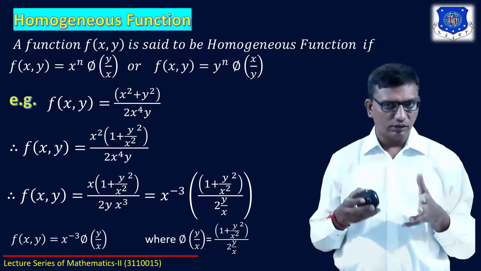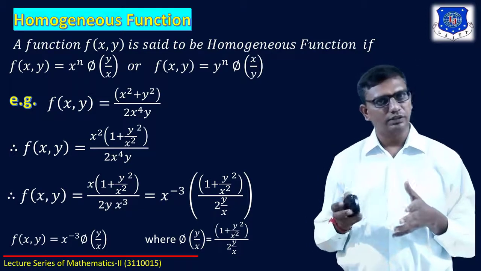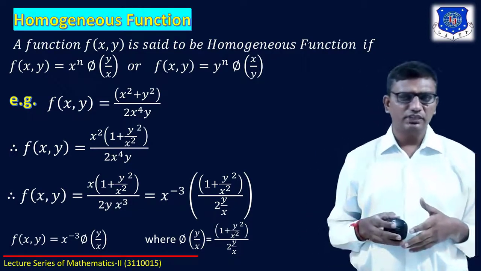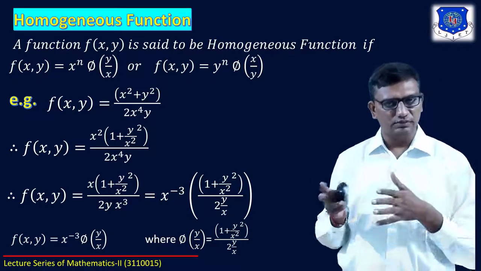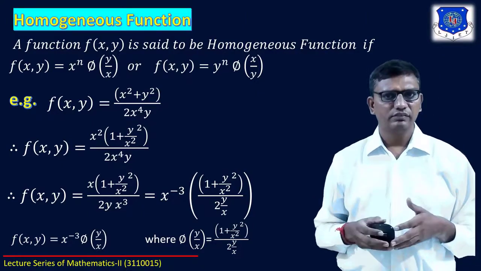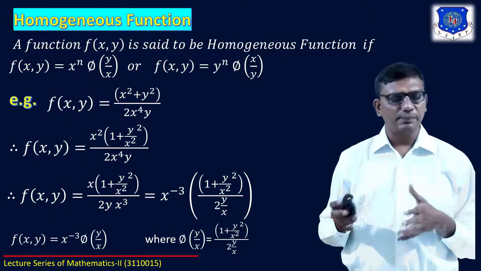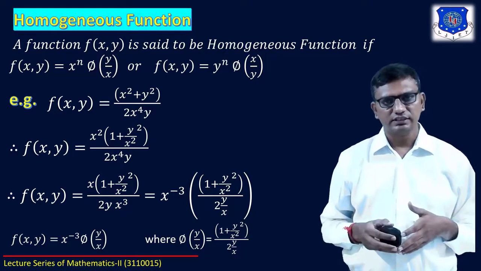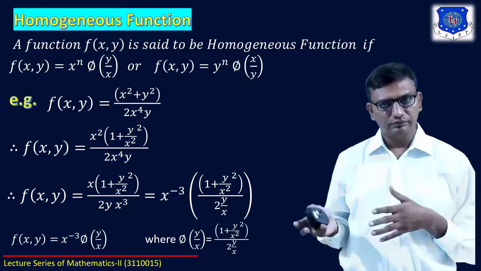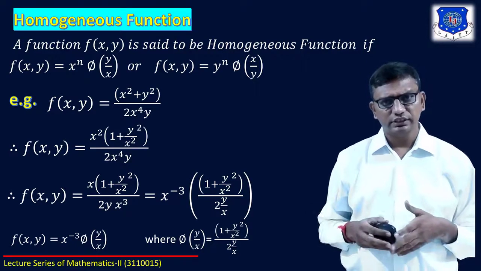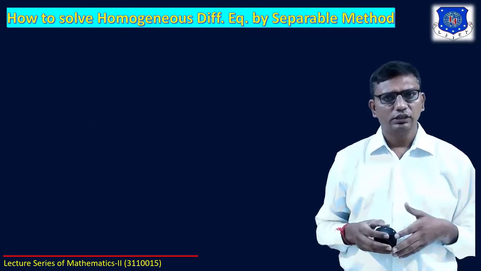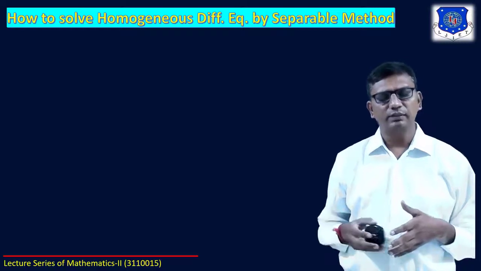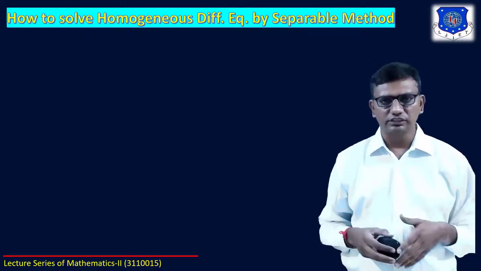So our original function f of xy is a homogeneous function. If this type of function occurs in the differential equation, then we can apply the separable variable method for this. So we can see how to apply the separable variable method for the homogeneous differential equation.